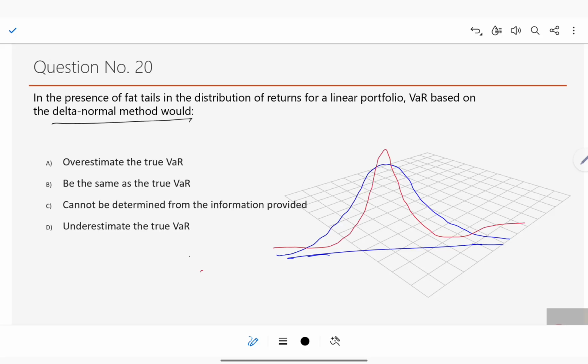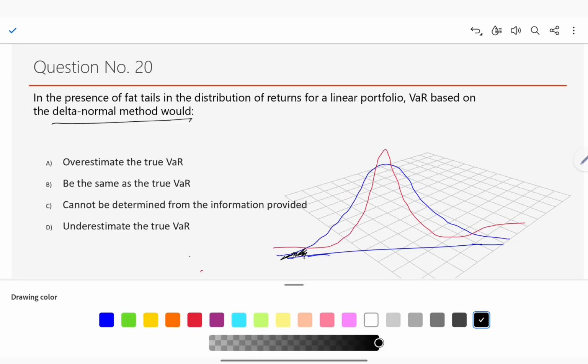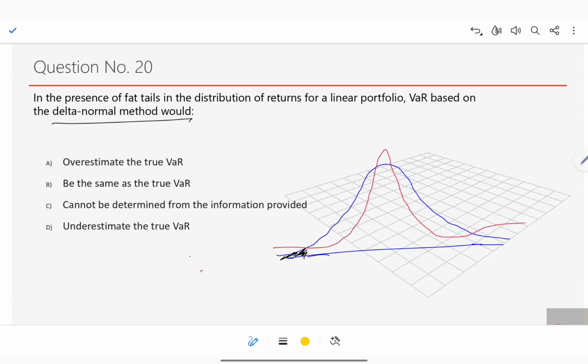Based on the delta normal method, this is the VAR. This is not capturing this area. This area is not being captured, so there is a risk of this much, but our VAR model is telling us that this black shaded area is the VAR, so it is underestimating. That's why this is the answer.